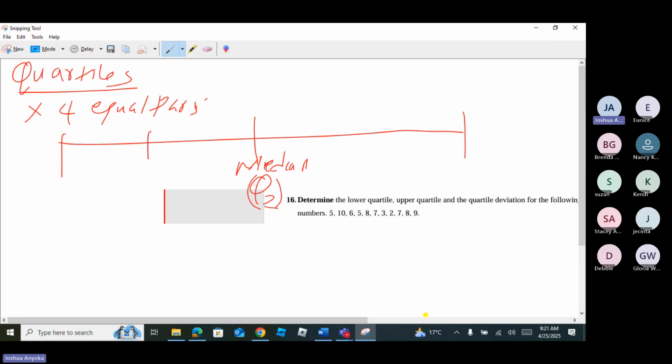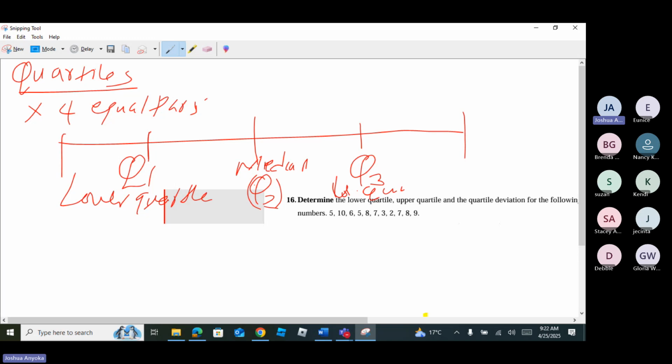If we get the median of the first half, we get Q1, which is the lower quartile. If we get the median of the second half, it's called Q3, which is the upper quartile. So we are dividing data into 4 equal parts.